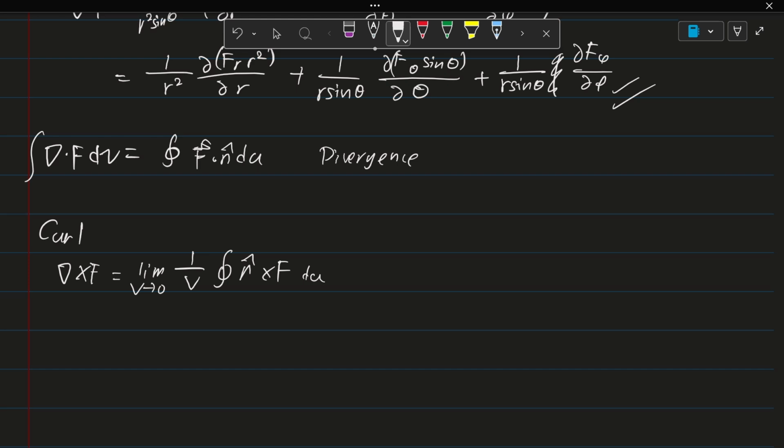Instead of observing everything that is going orthogonal to the surface, it is asking about the vector field that is parallel to the surface. And this pretty much tells you about the spin of the vector fields, or the rotation basically.